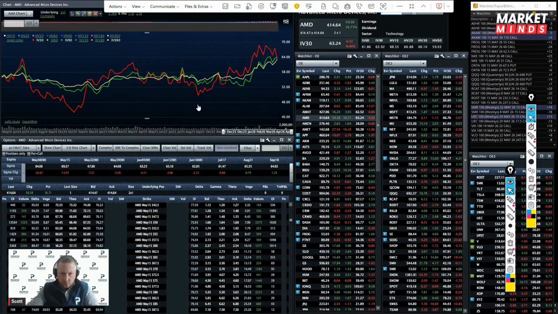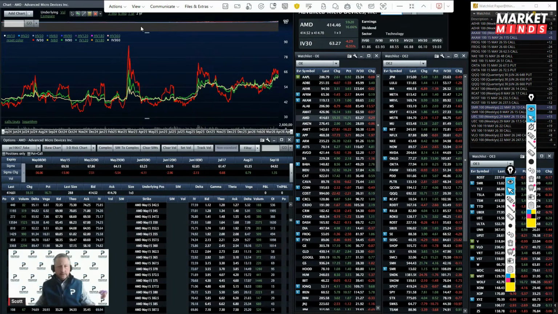Less extreme. Exactly. Just like with any data set, the more info, the more time you have, the smoother that data is going to be. So the same thing with options. Shorter term implied vol is typically going to be higher than longer term implied vol.